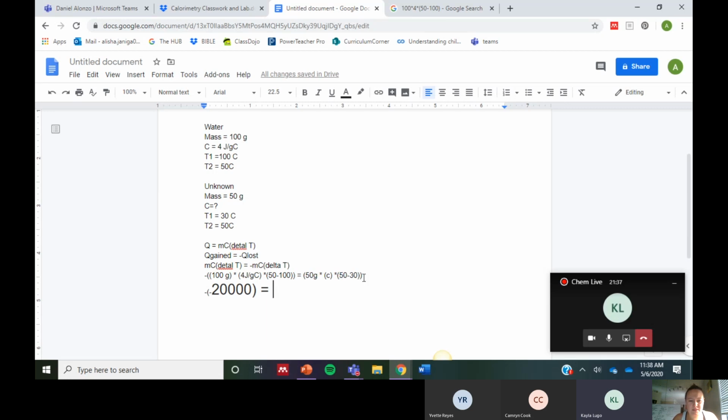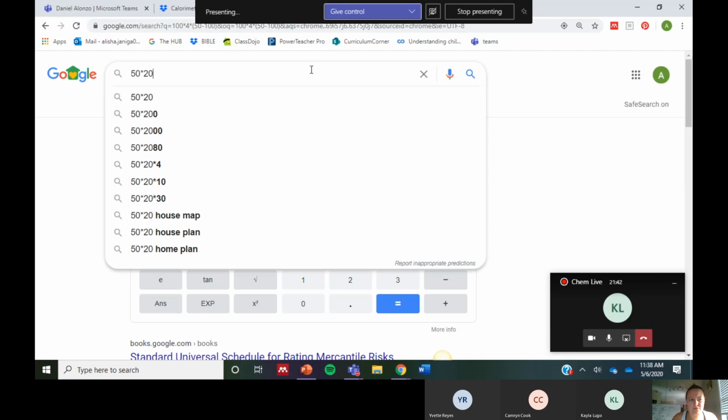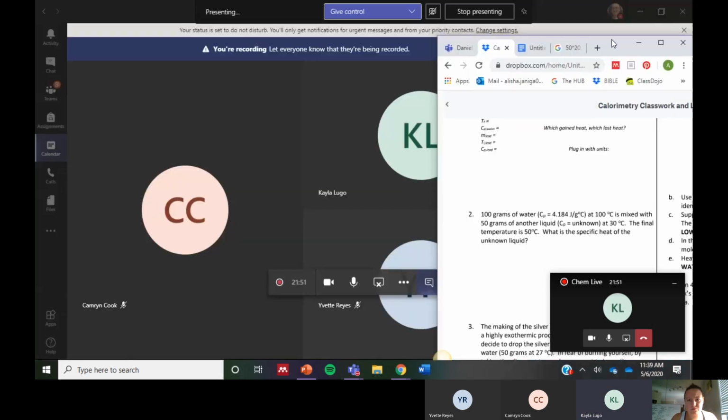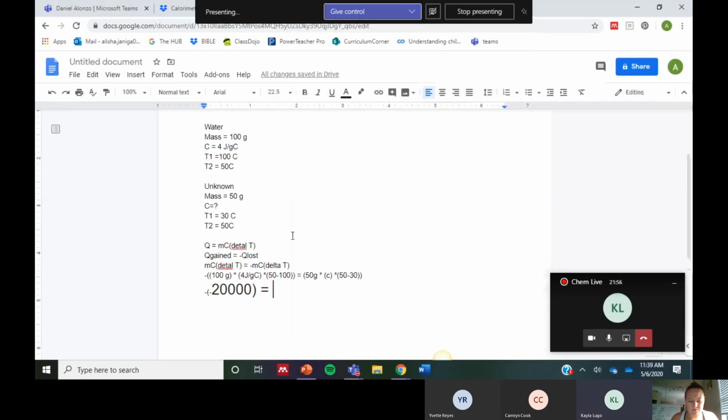Plug all of this in. 50 times 20 is 1,000. Then just divide. So 20 is equal to C. So our unknown is 20.